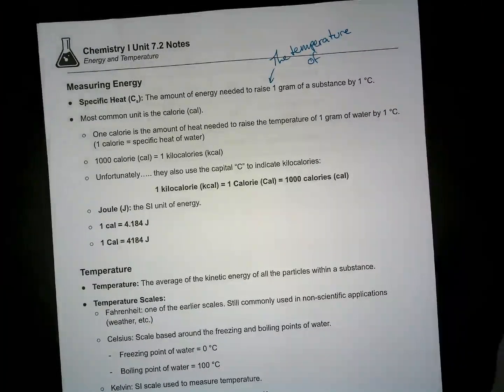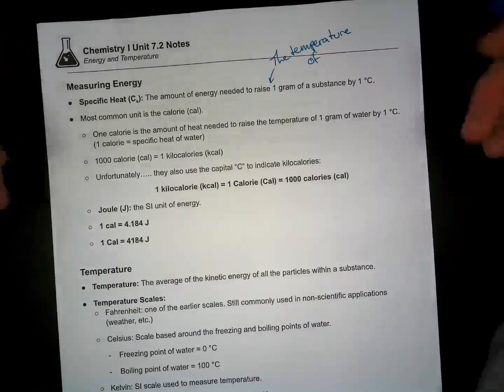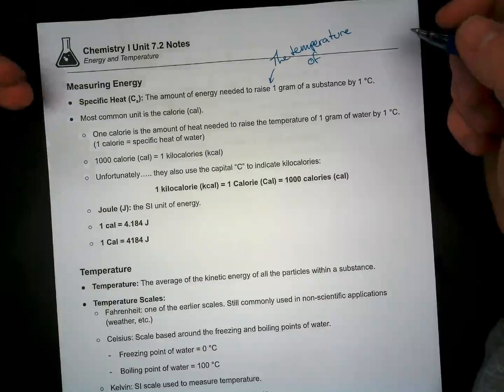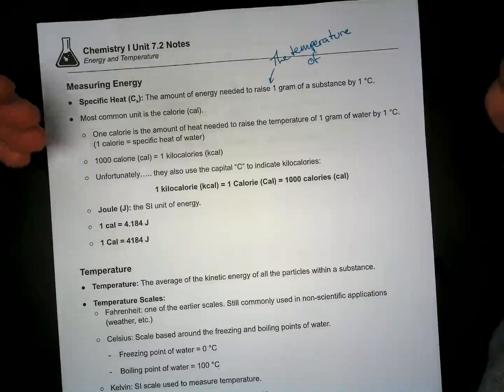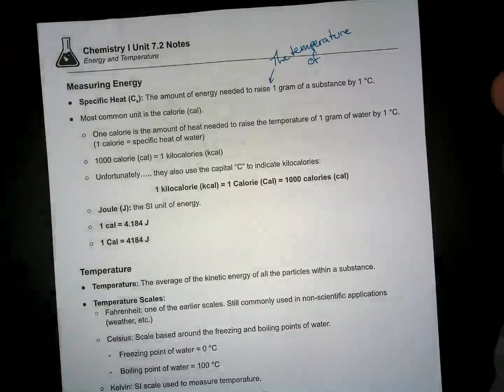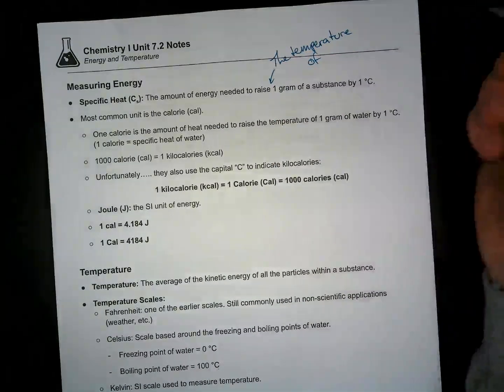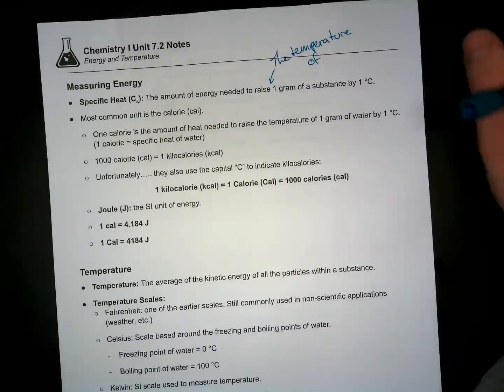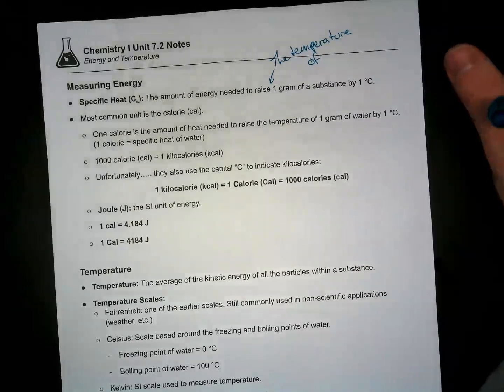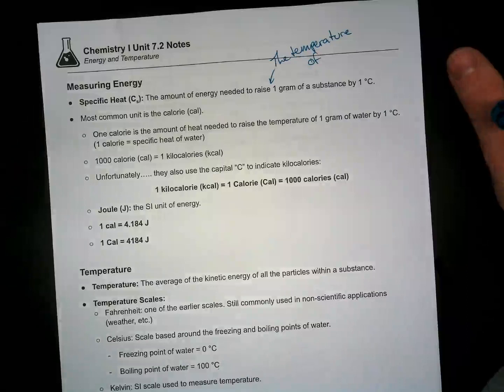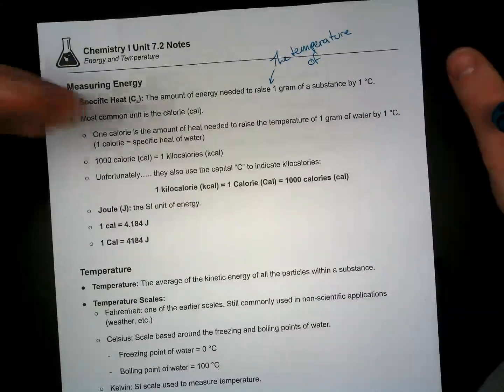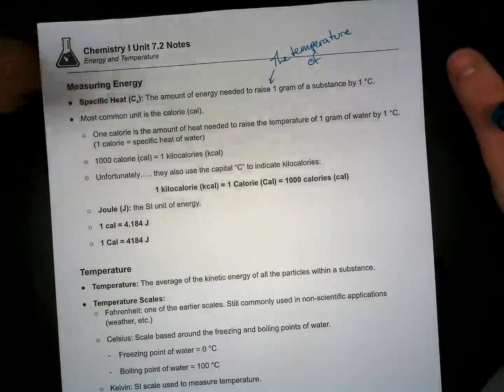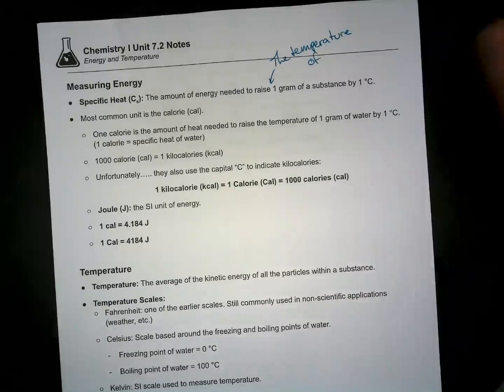So it's to say, I've got a gram of this thing at 10 degrees Celsius, and I put enough energy into it, recording how much energy I'm inputting until it increases from 10 degrees to 11 degrees Celsius, as an example.